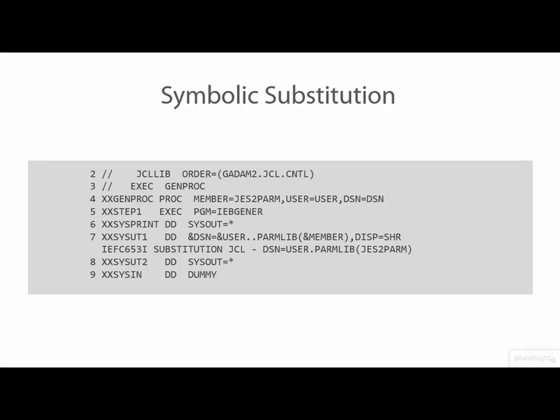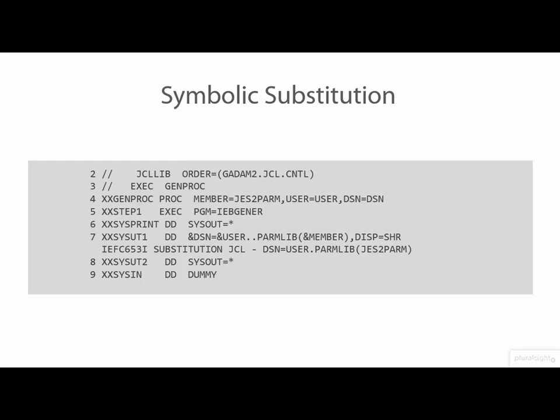However, if we get too creative and start putting too many things as symbols, 1, it can become confusing and difficult to remember, and 2, we start running into the problem of parameters that might be common throughout the proc itself, and suddenly introducing changes that we never really intended. In this case, since each of the DD statements is unique, we don't have any overlap or redundancy, and we can code pretty much whatever we want, and it could conceivably work, even if it does seem to be overkill.